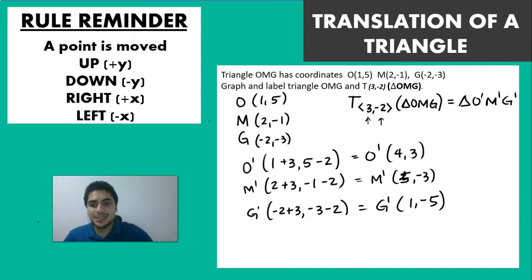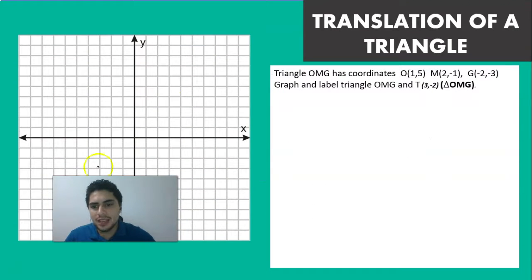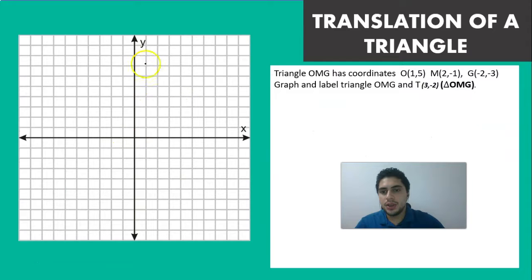Now, guys, let's try graphing it so that we can actually visualize how this is going to work. So point M is going to be initially on (2, minus 1), so 1, 2, 1. So it's going to be initially here, point M. Point O is going to be on (1, 5), so 1, and then 1, 2, 3, 4, 5.